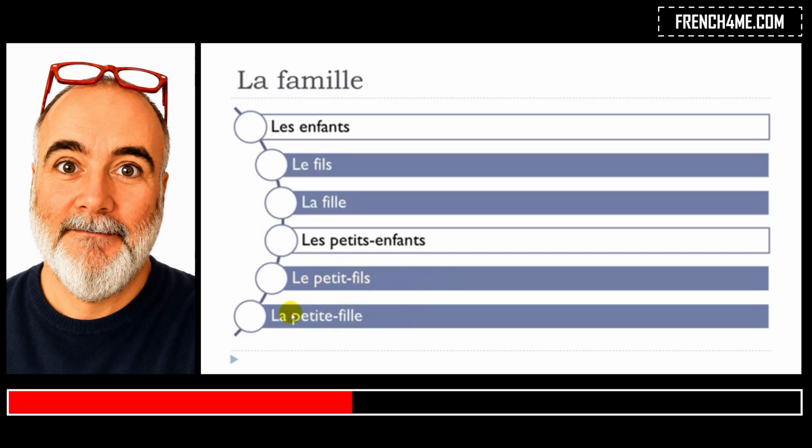And then the feminine form, la petite. So I insist because here it's t. Okay, so really you need to make the difference between the masculine form petit and then the feminine form petite. Okay, so la petite fille. So let's repeat them. Les petits enfants, le petit-fils, la petite fille.